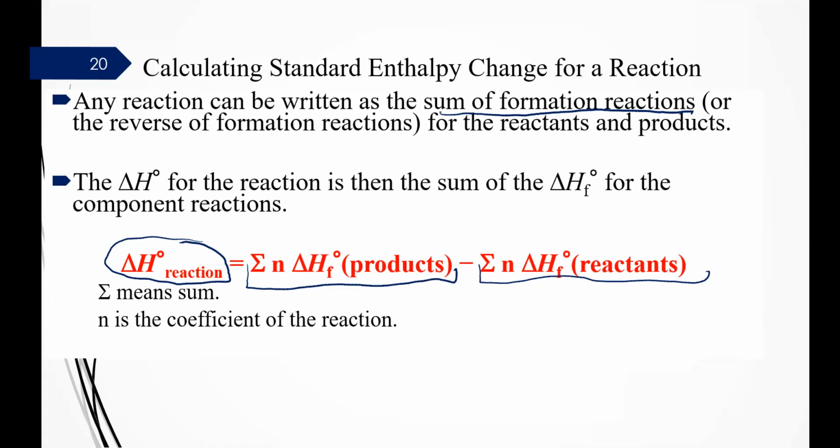It's a really powerful way to predict the enthalpy for a different reaction that we might not have done, as long as we have the standard formation reactions, so if we know what it took to make them.